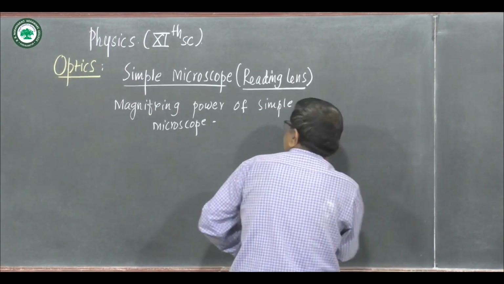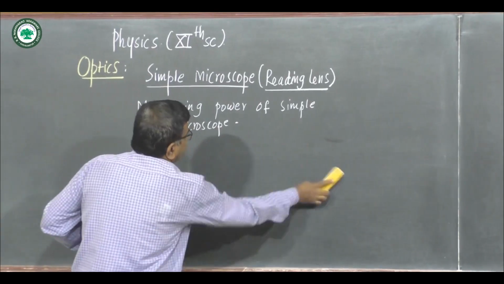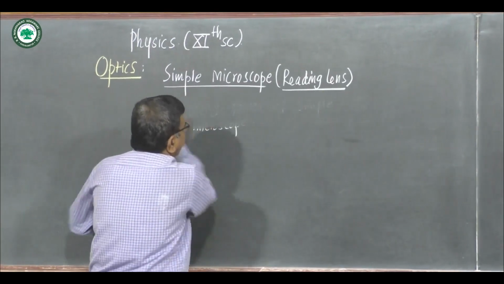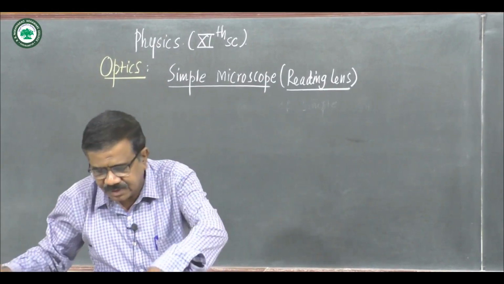Firstly, we draw the ray diagram of simple microscope, and then we see its magnifying power. How to find the magnifying power of the simple microscope?